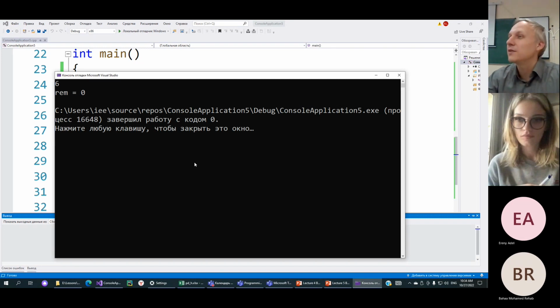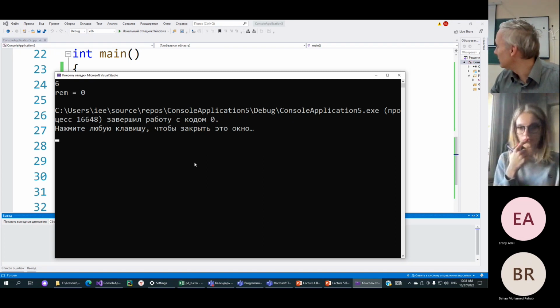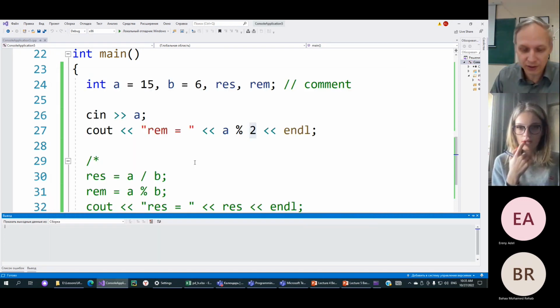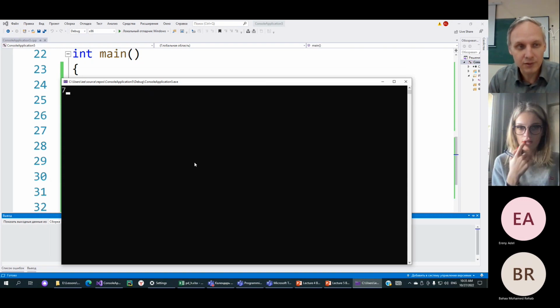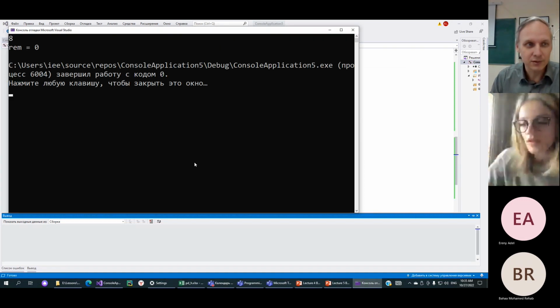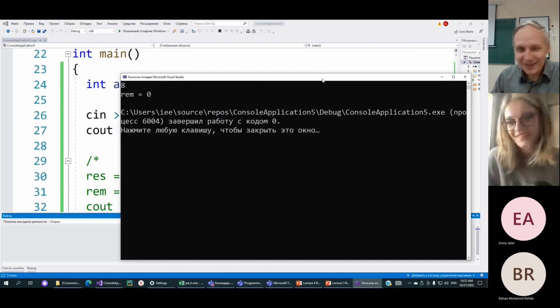Why 3? 3 is the result, but the remainder is 0, because 6 can be divided by 2 without remainder. Remainder is 0. 7, remainder 1. 8, remainder 0.